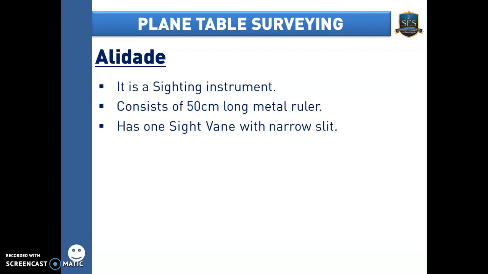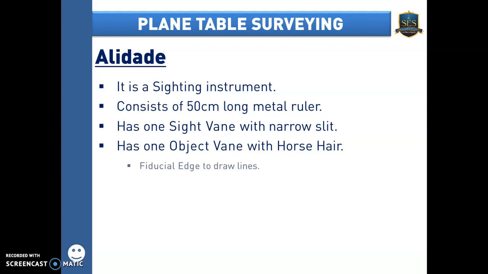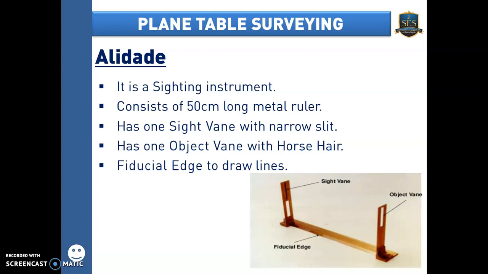It has one side vane which has a narrow slit, and also it has one object vane which consists of a horse hair, and it also has a fiducial edge to draw the lines. In this diagram, we can see a simple alidade which consists of one side vane, one object vane, and a fiducial edge.